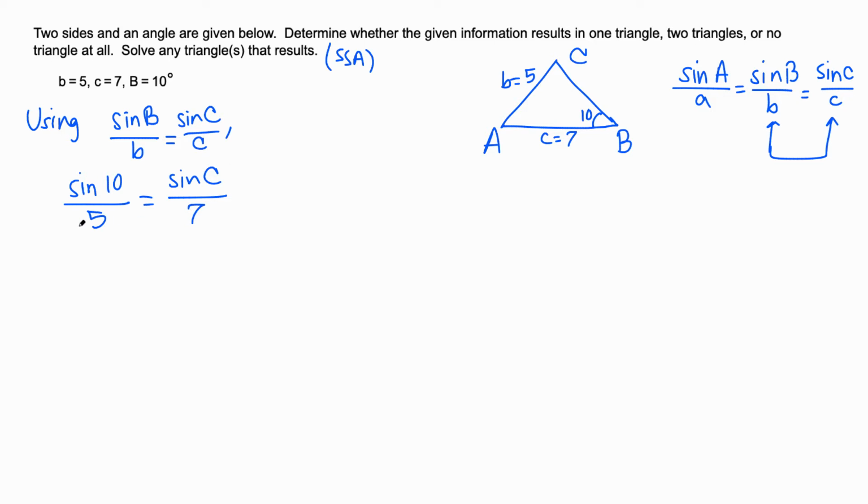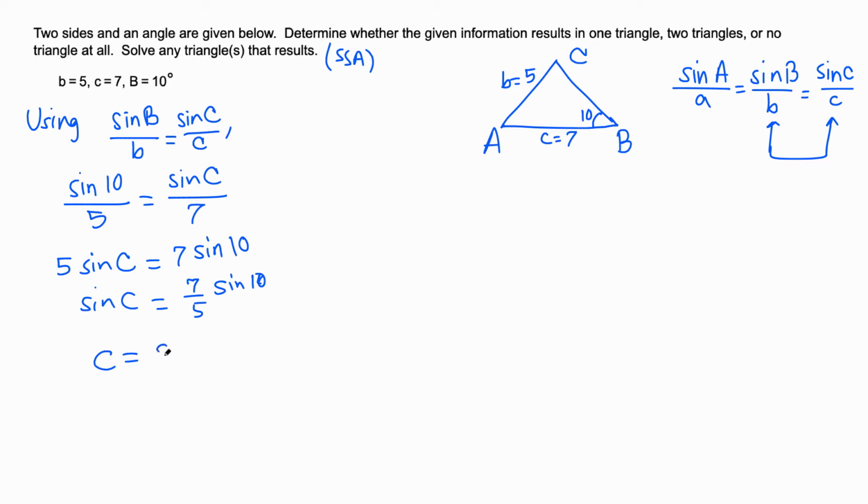So let's cross multiply. 5 sine C is 7 sine 10. Now divide by 5, so sine C is 7 sine 10 on the top, divided by 5. Do not write decimals. If you want to write decimals now, because sine 10 degrees is a decimal number, use at least 6 decimal places. I would just go find C.